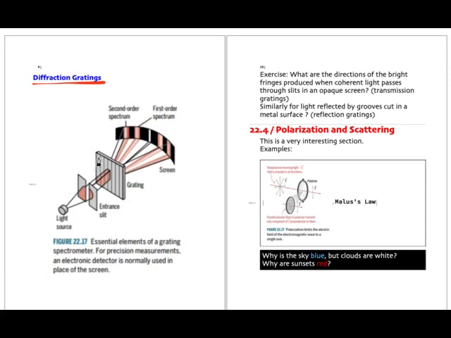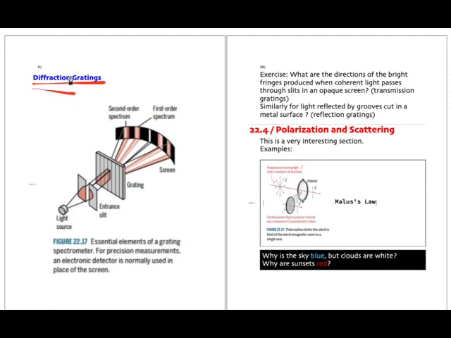This could be like a gold foil mounted on a piece of glass, and then with a razor blade you cut slits in the gold foil, making a large number of openings for this coherent light to go through. At each opening, the light spreads out and interferes with light from other regions. So that's called a diffraction grating.